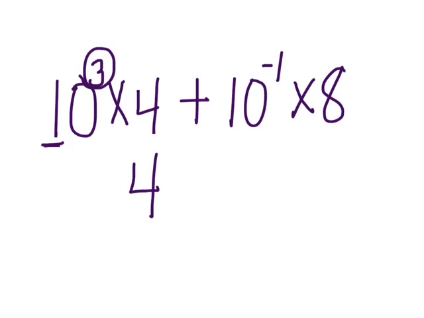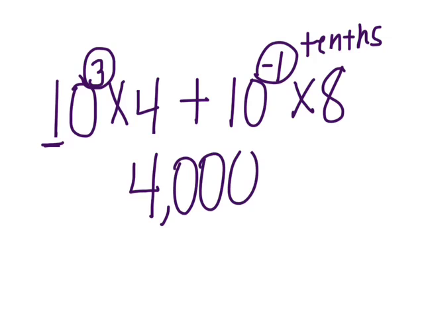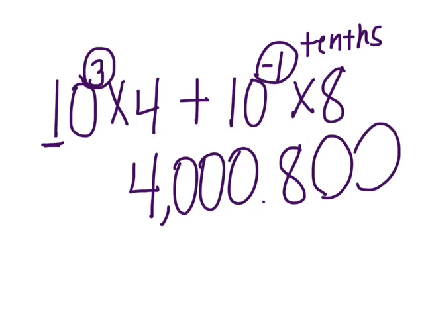So that 4 is going to be in the thousands. This would be the tenths times 8. So I would have 4,000 and 8 tenths. Make sure you do not put any extra zeros at the end. They will count this wrong. It has to be as simple as you can.